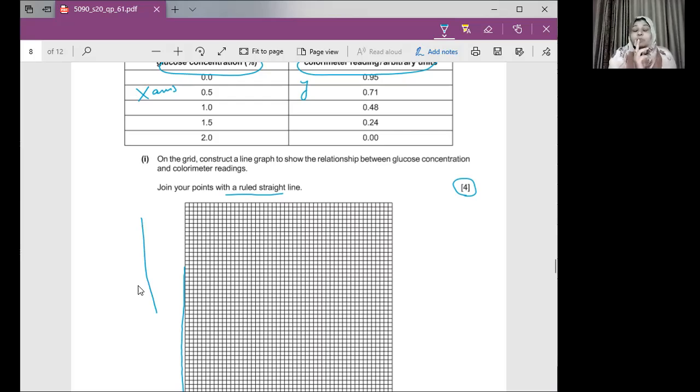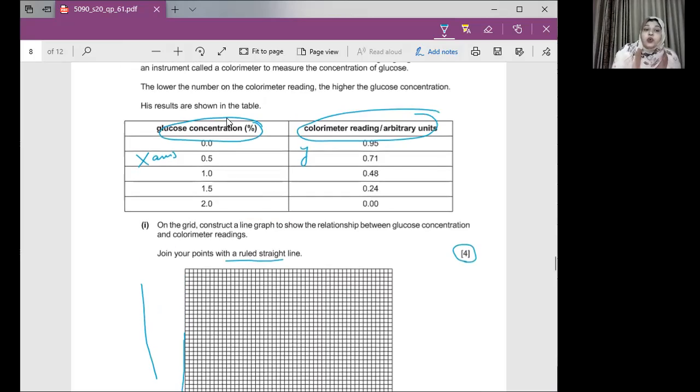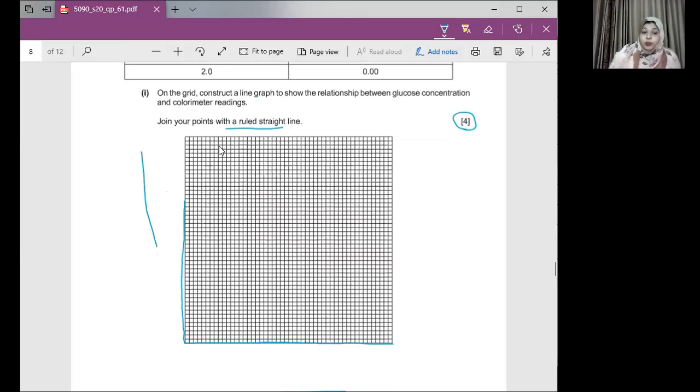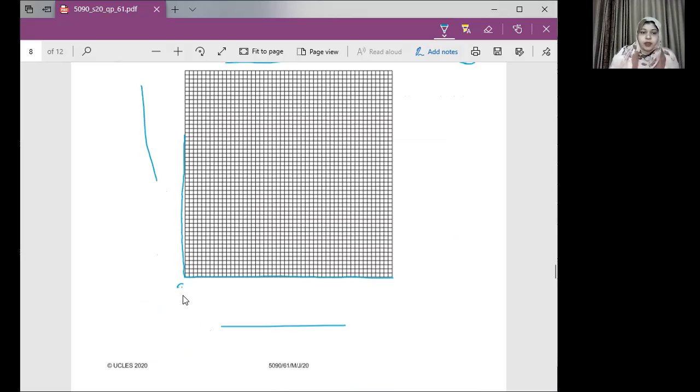Both the axes should be labeled properly. Then you have to go from 0 till 2. It means you have more space. Okay, from 0 till 2 you have to move here. You have to use more than 50% of your grid.